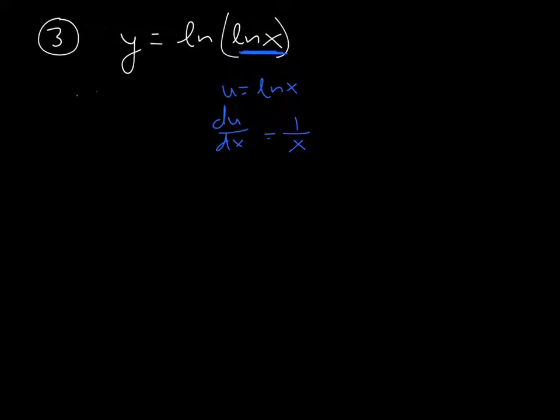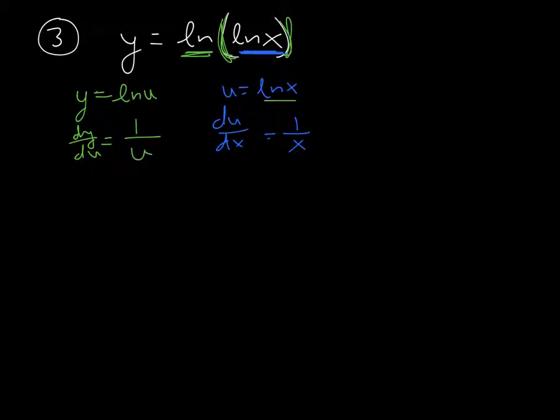Difference is that my y function is natural log of u, because my outside function is natural log of something. And my something this time is what I've called my u. So dy du is going to be the derivative of natural log of u, which is 1 over u.